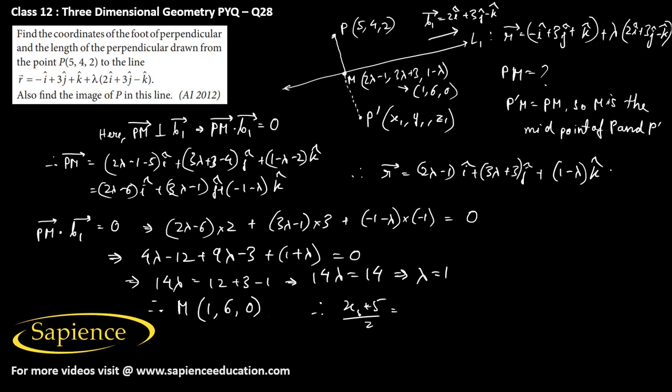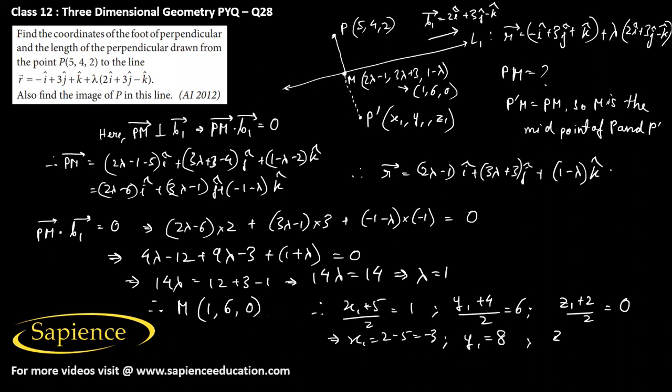So (x1 plus 5) by 2 is equal to 1, and (y1 plus 4) by 2 is equal to 6, and (z1 plus 2) by 2 is equal to 0. Then x1 will be equal to 2 minus 5, which is minus 3, y1 will be equal to 12 minus 4, that is 8, and z1 will be equal to minus 2. So therefore the image point is (minus 3, 8, minus 2).